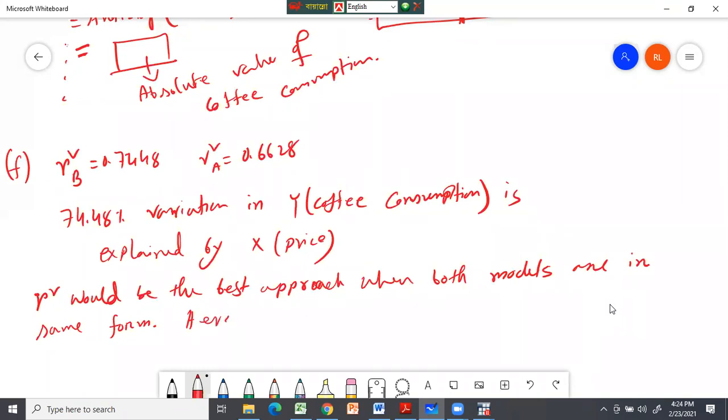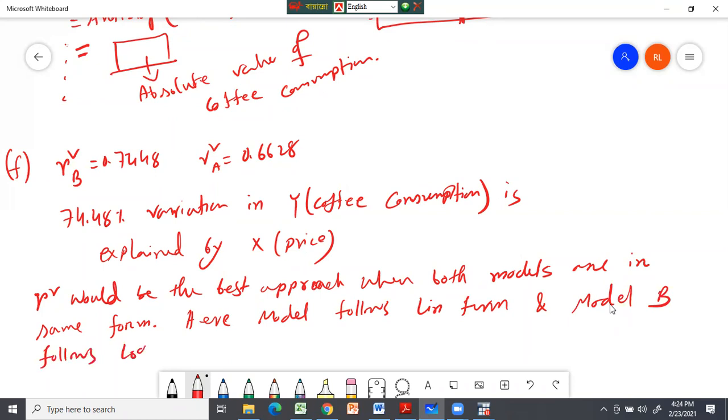Here, model A follows linear form and model B follows log linear form.